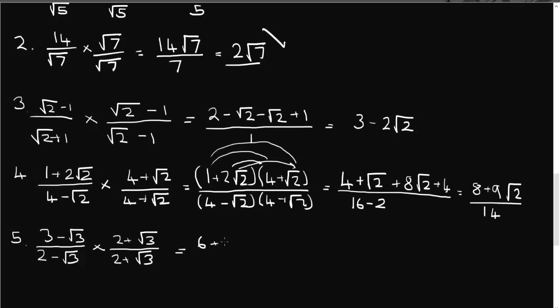3 times 2 is 6 plus 3 root 3. Then we've got minus root 3 times 2. This is minus 2 root 3.